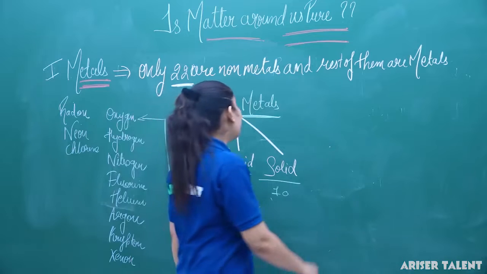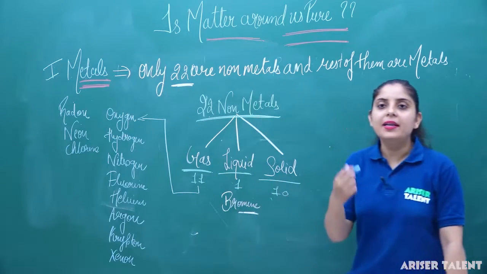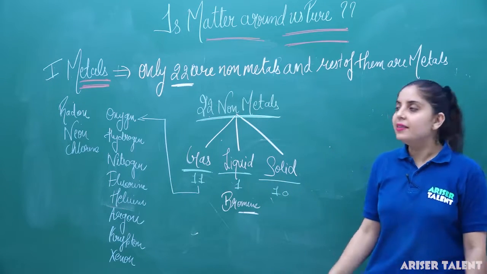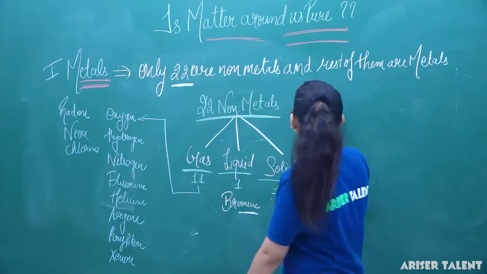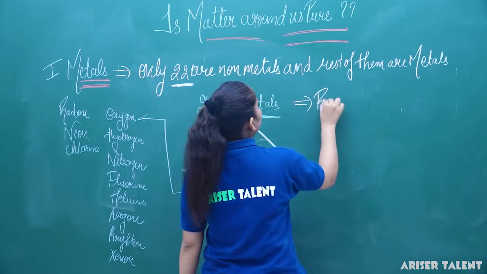Now, if I am talking about solids, I have 10 solids here, and these 10 solids are non-metals. In this category, what are the non-metals we have?